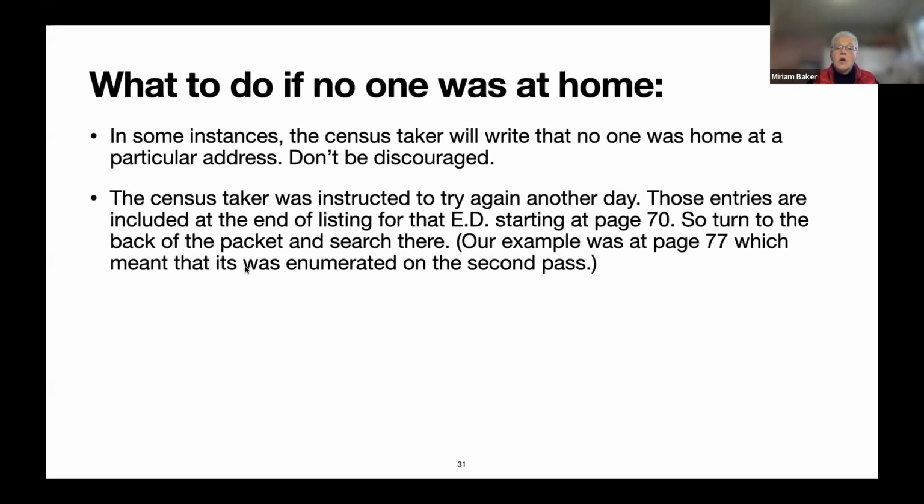And so when it was done on the second day, the page number will be 70 or higher. So you'll see pages like 1 through 25, and then suddenly the page numbers will skip to 70. It's not that there ever were pages 26 through 69. Those never existed. It's just they did page 77.